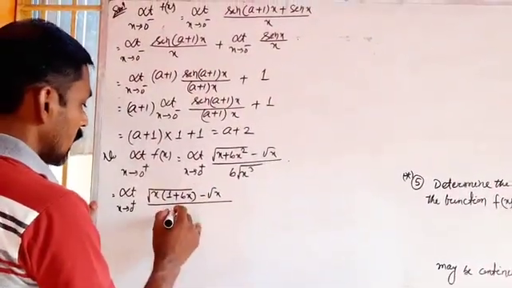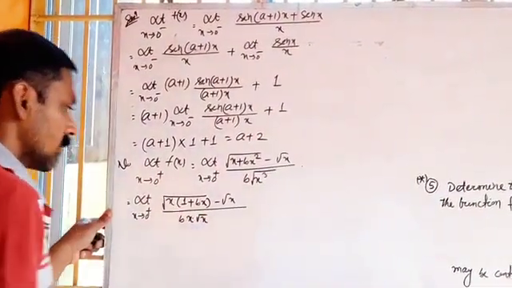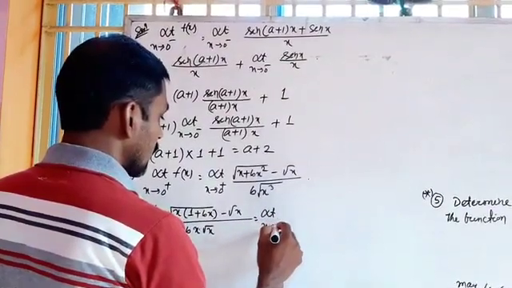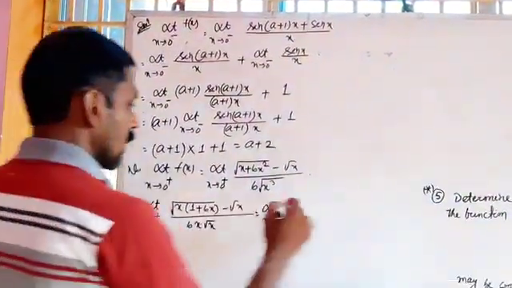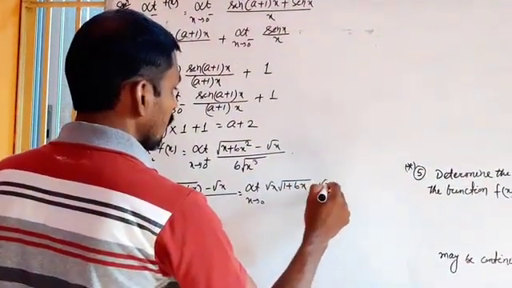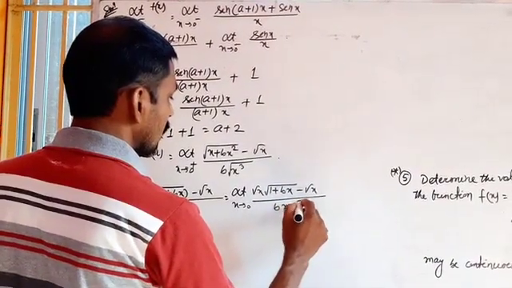So x to the power 3 by 2, you can write it as x into root x. Now this is limit x tends to 0. Now it is root x. If you take x outside, it will become 1 plus bx root, minus root x by bx into root x.